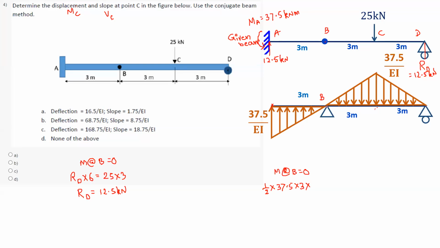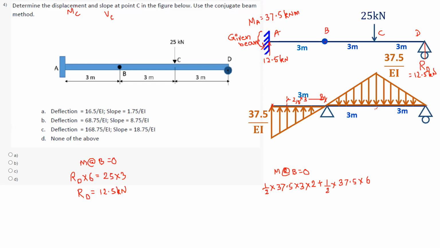At B we have to consider distance from here, which will be 2/3 of 3, so this becomes 2 meters, into 2. This will be clockwise, plus due to this BD, we have plus 1/2 into 37.5 into 6.